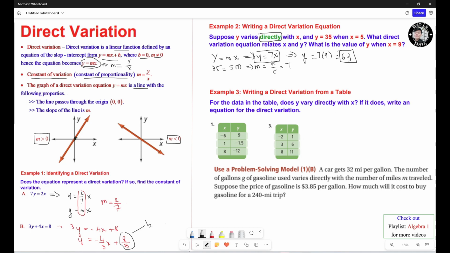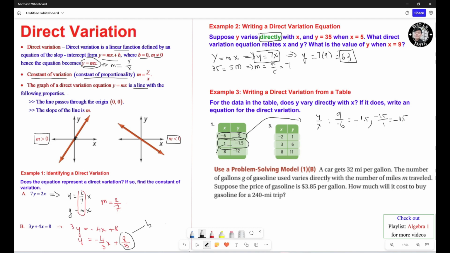Write a direct variation from a table. Okay, so given the table right here, we need to find the ratio of y and x. Alright, so first, y divided by x, we have 9 divided by negative 6 equal to negative 1.5. Second, negative 1.5 divided by 1 equal to negative 1.5.